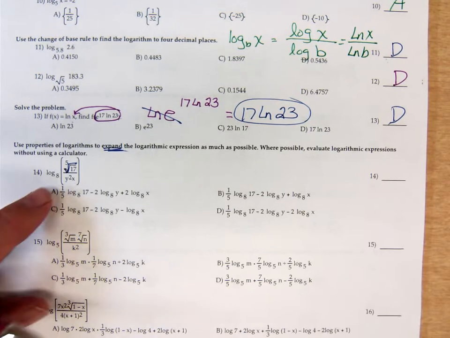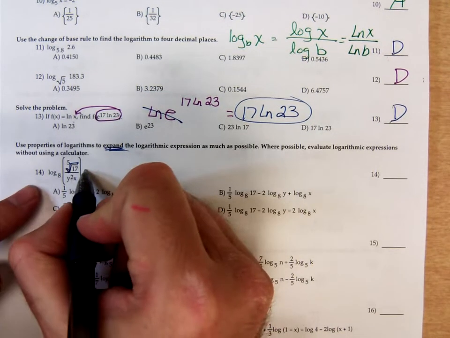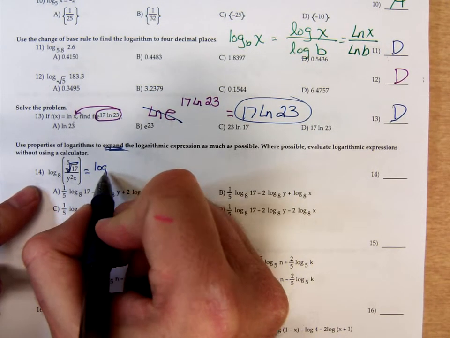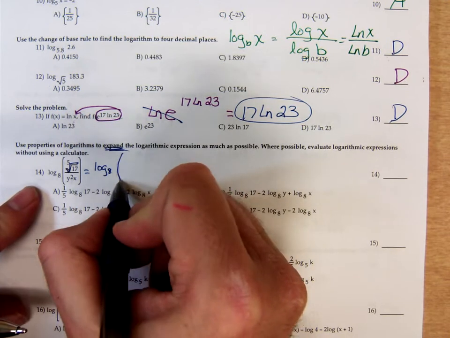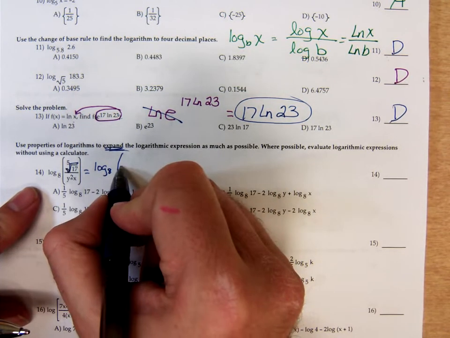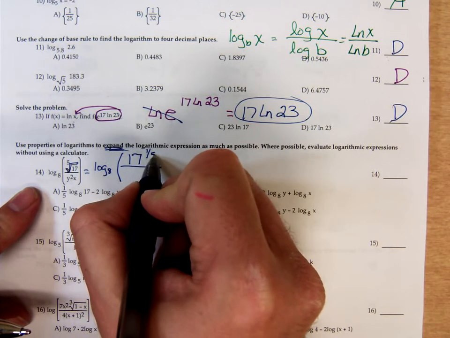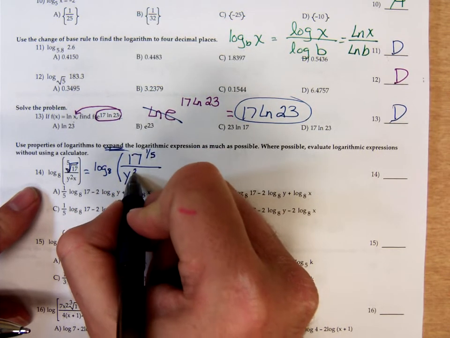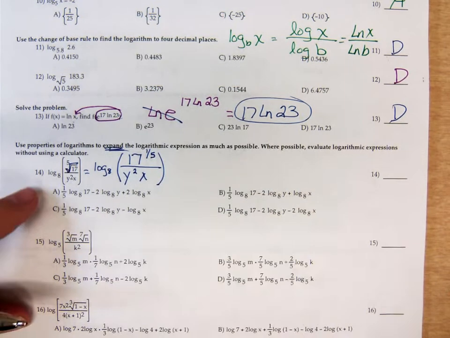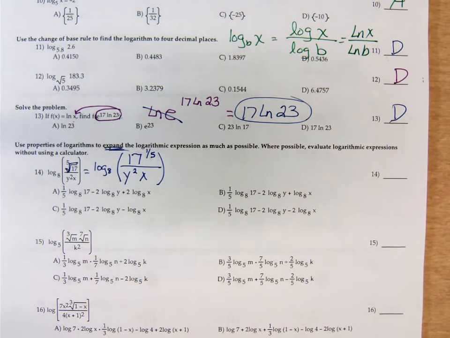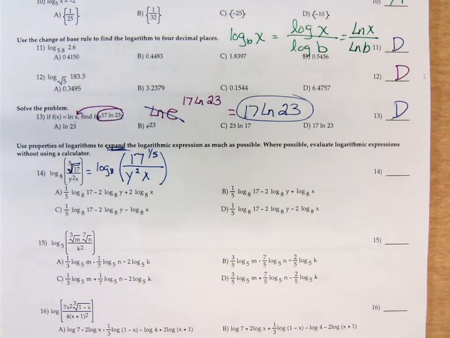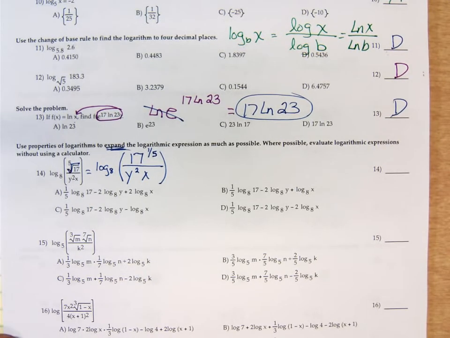So on problem number 14, the first thing we should do is write that the 5th root of 17 is 17 to the 1/5 power. Okay. And then you're going to expand them. But to expand logarithms, you separate them at multiplication and division.